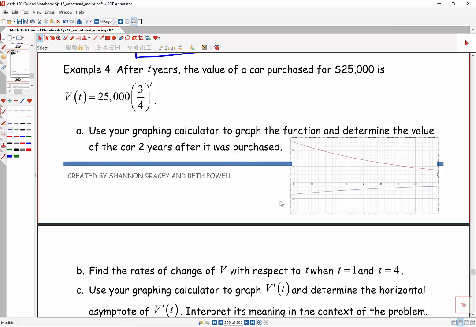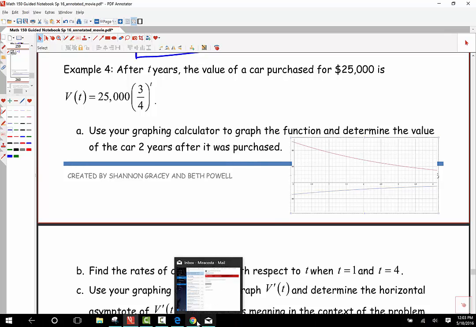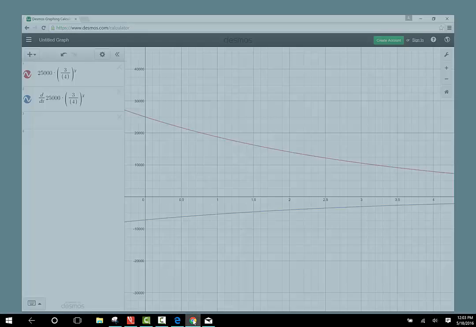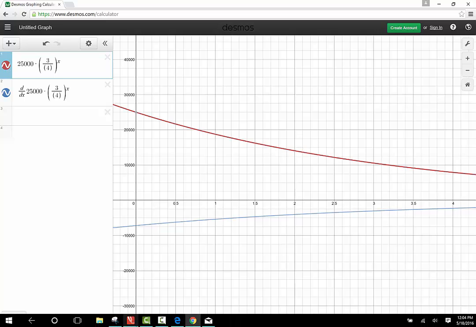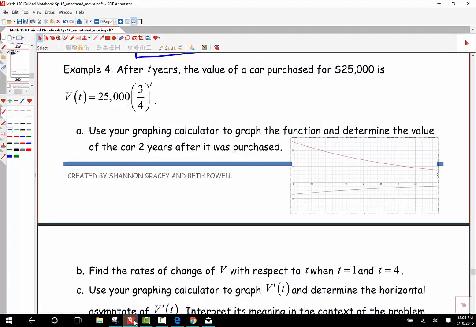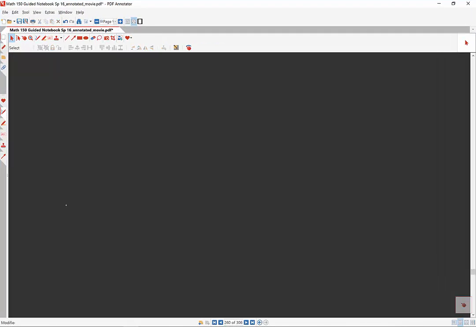So if you go over here to 2, the value at 2 is $14,062.50.